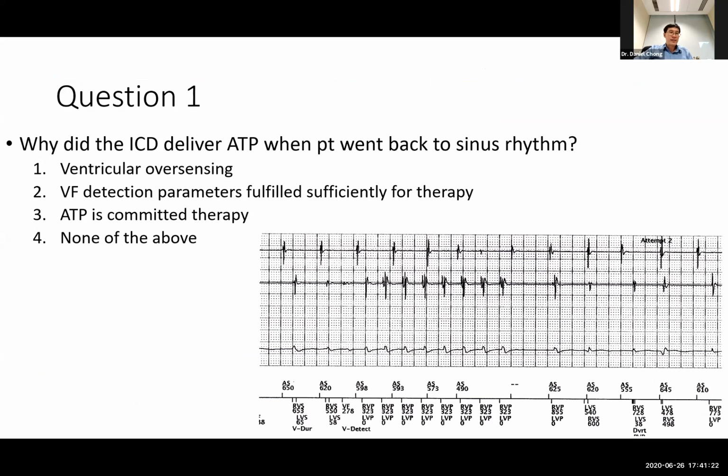Okay, so maybe could I just get the audience to vote? So this is, I guess, not so easy, because you may have to measure some intervals and things, but maybe I could just bring the audience through the answer after everybody has voted.